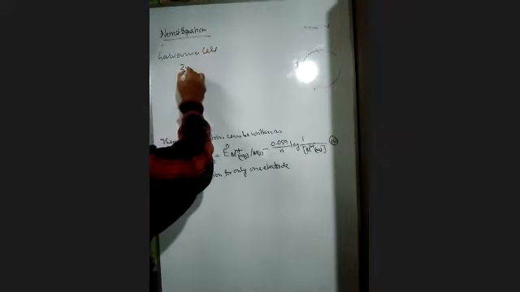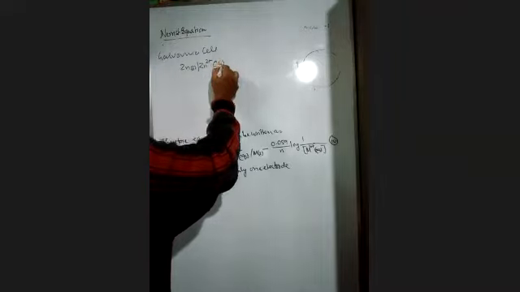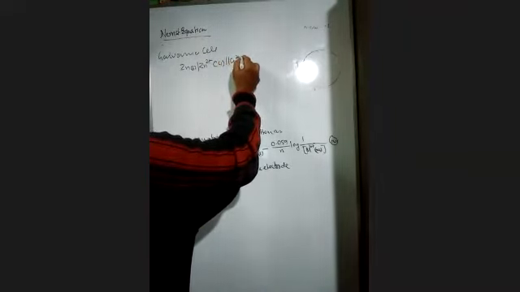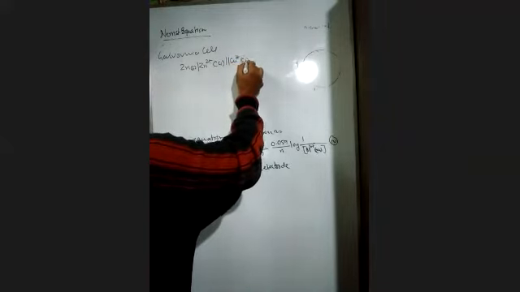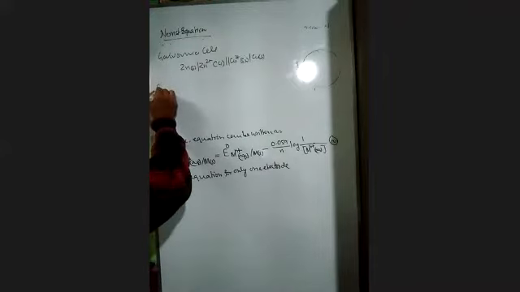Typically, we have taken here zinc, Zn2+, concentration say it is C1, and copper, Cu2+, concentration say it is C2, and this is this. So what will be the equation for cathode?